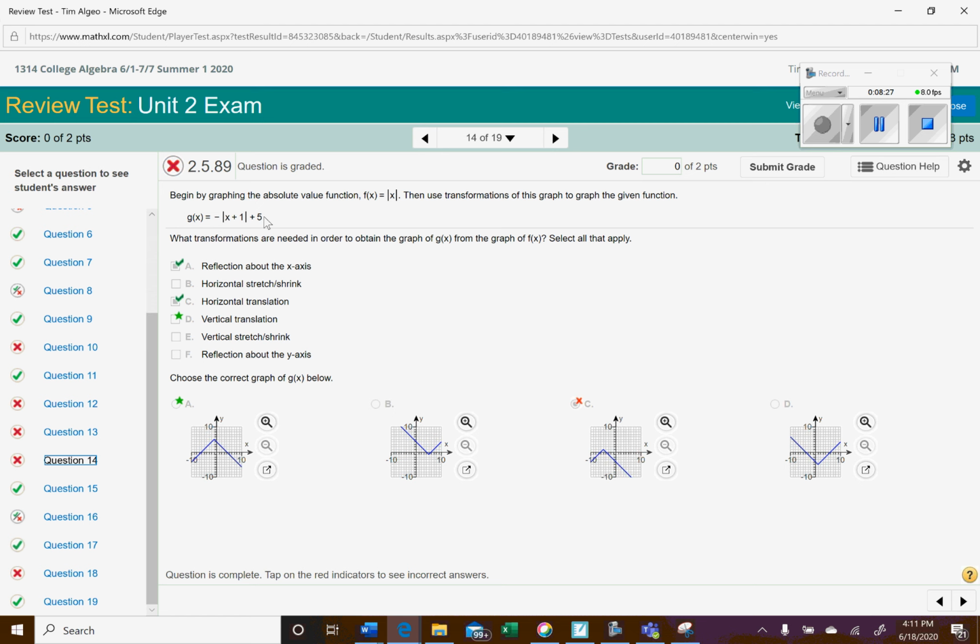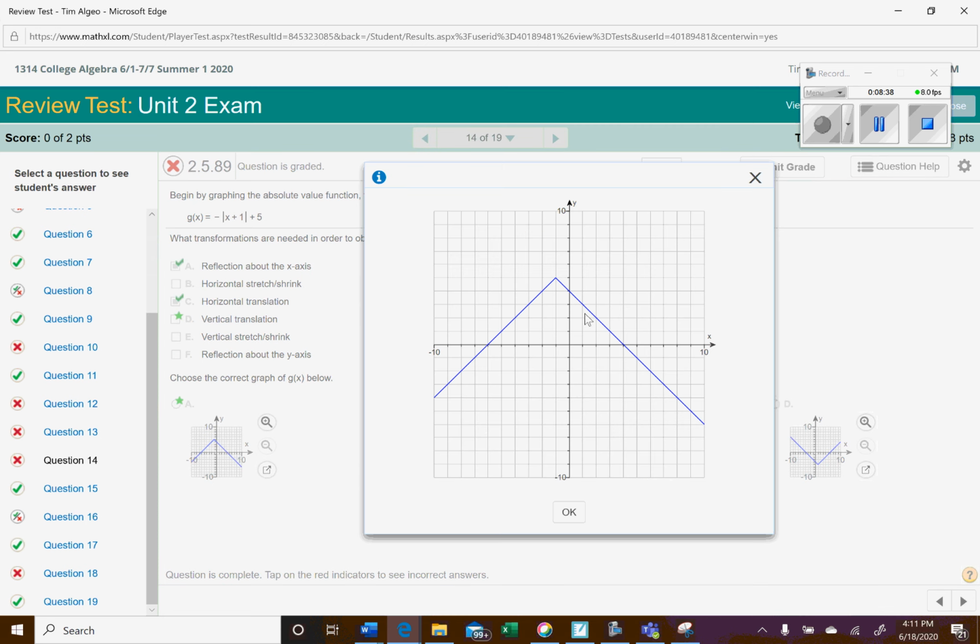And so once again, you'd want to look at the original function right there. F of x is equal to the absolute value of x, which is that little V graph. And so let's go ahead and enlarge that. So if I move to the left 1, originally I'd have a V shape right here at the origin. I'd go left 1, then I'd reflect down to where it'd be like this, and then I'm going to go up 5, and that's where I end up right up here.